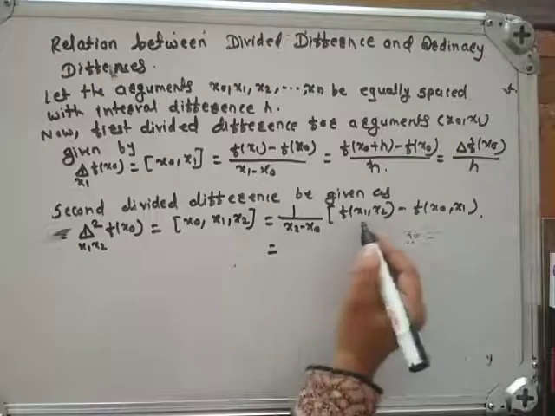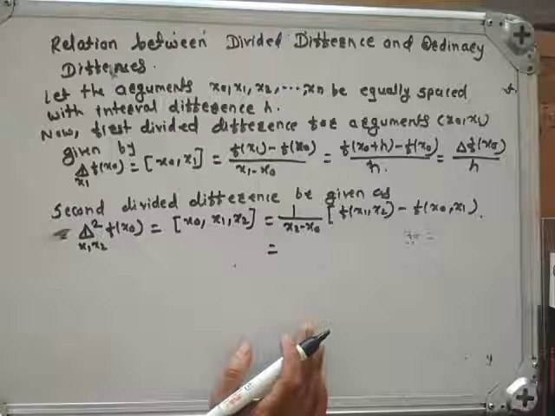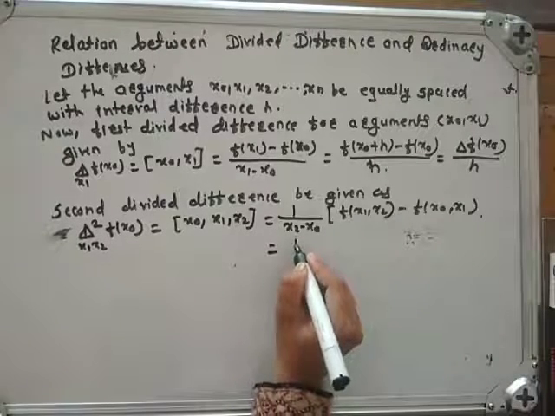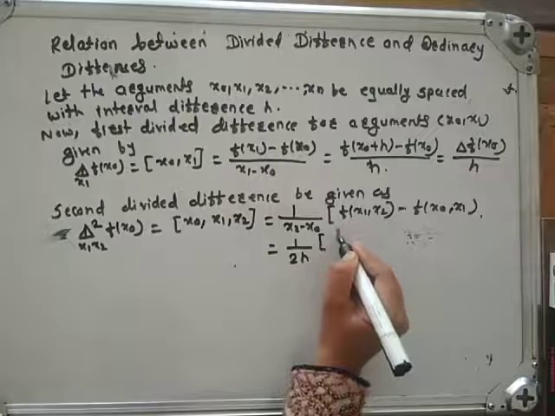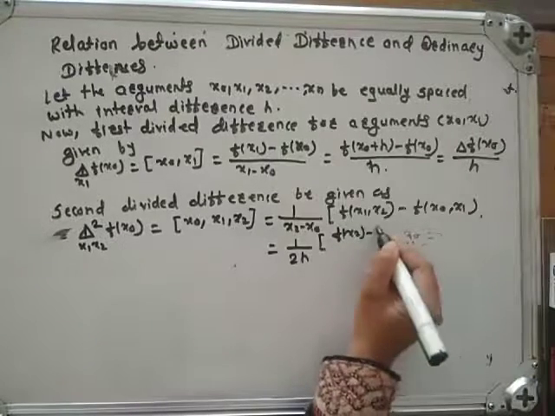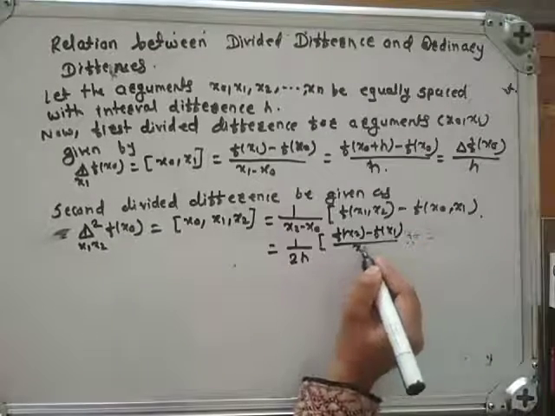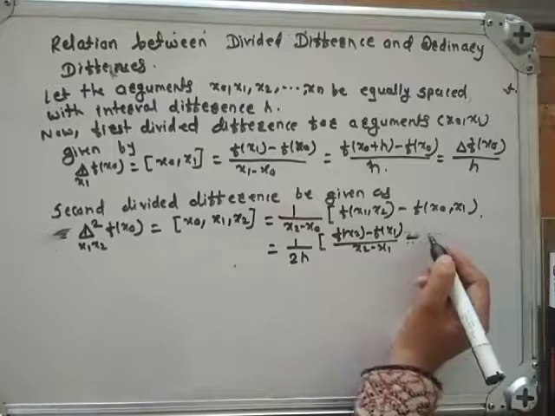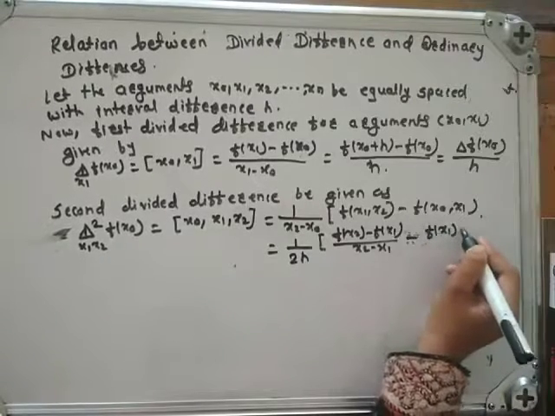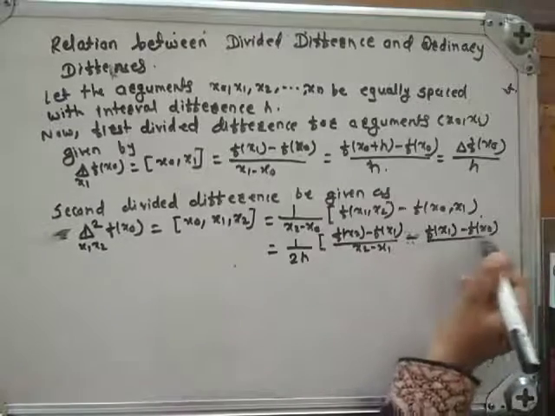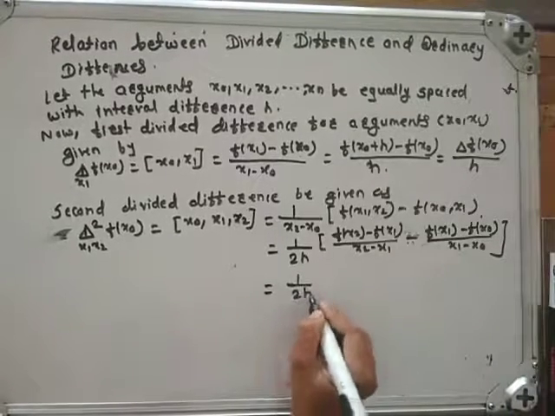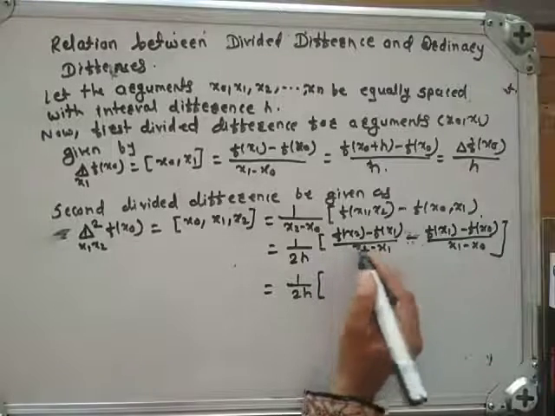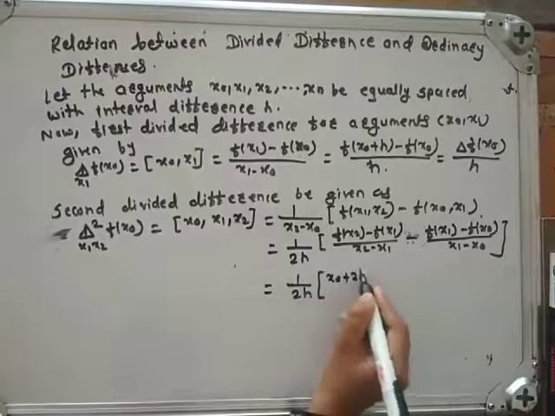Which is equal to, the first divided differences, where x2 minus x0 is 2h: f of x2 minus f of x1 upon x2 minus x1, by definition of first divided difference, minus f of x1 minus f of x0 upon x1 minus x0, which is equal to 1 upon 2h into f of x2, which is nothing but x0 plus 2h.